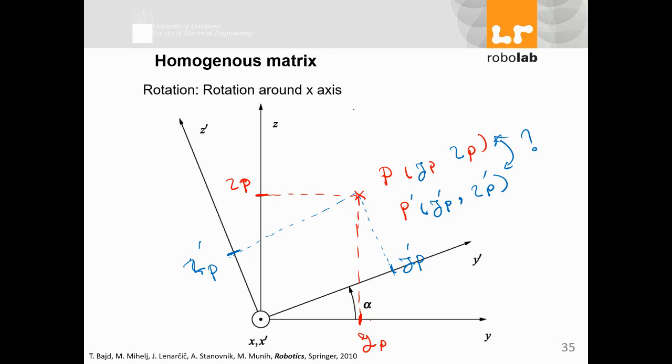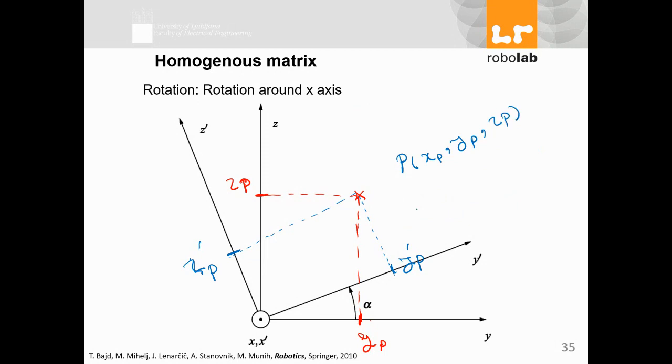If you have your original point here, I have to correct it based on what Burhan says. So my original point is XP, YP, ZP, and P prime will be x prime p, y prime p, and z prime p.